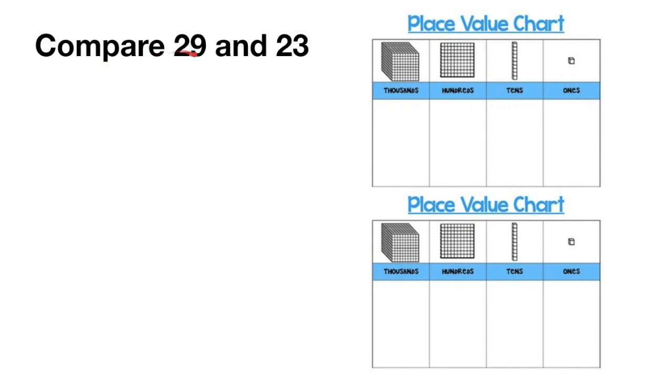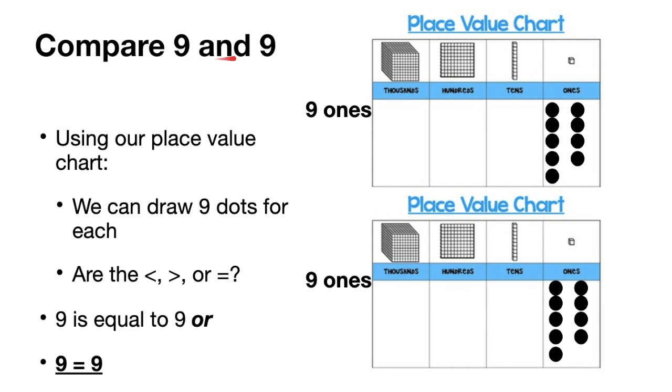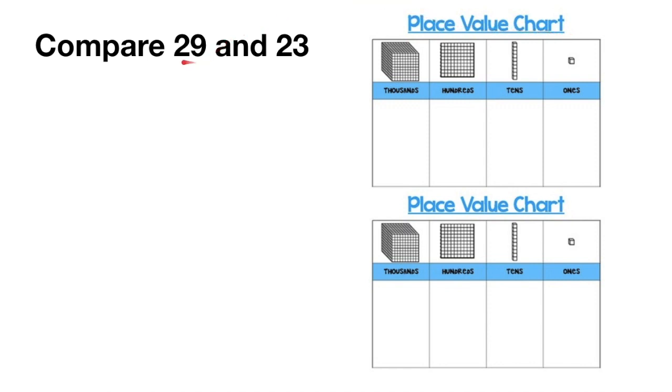Next, we are going to compare 29 and 23. So a little bit harder here because we are not doing just one digit in the ones place value. We are doing 2 digits on each. So we have a 10 and a 1 place value for each number.